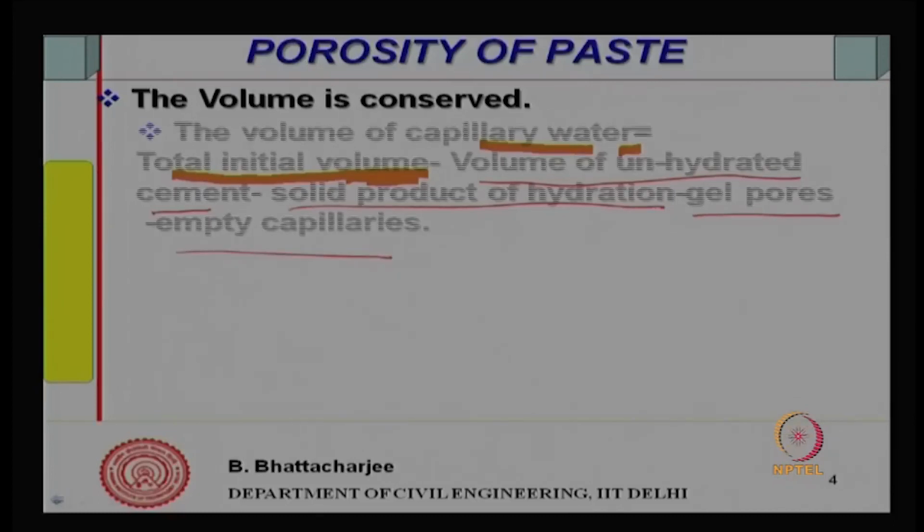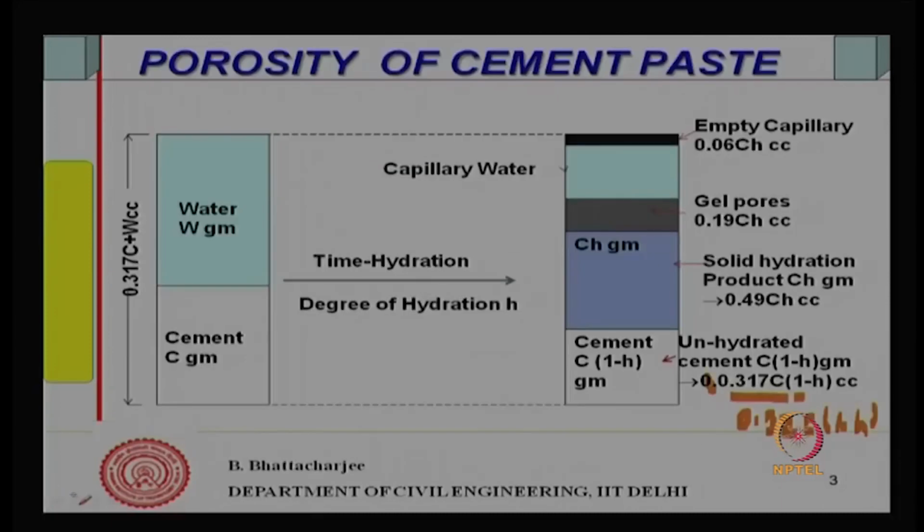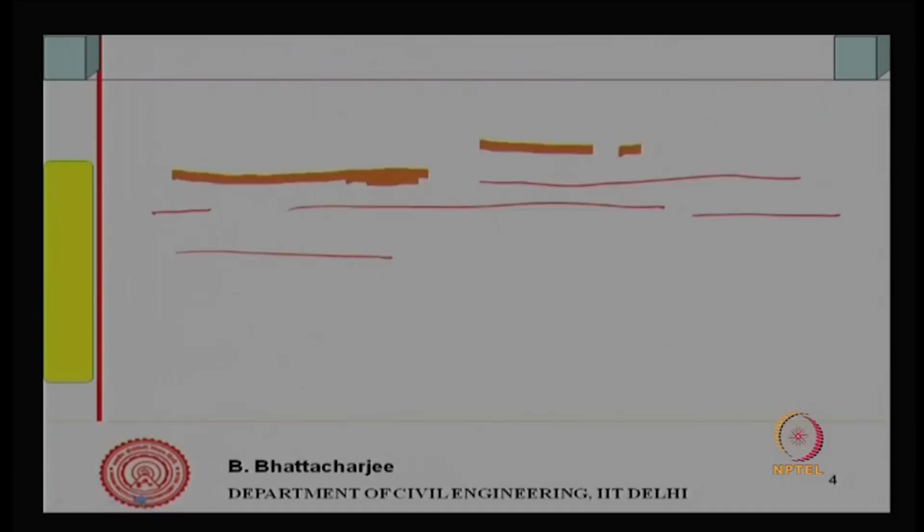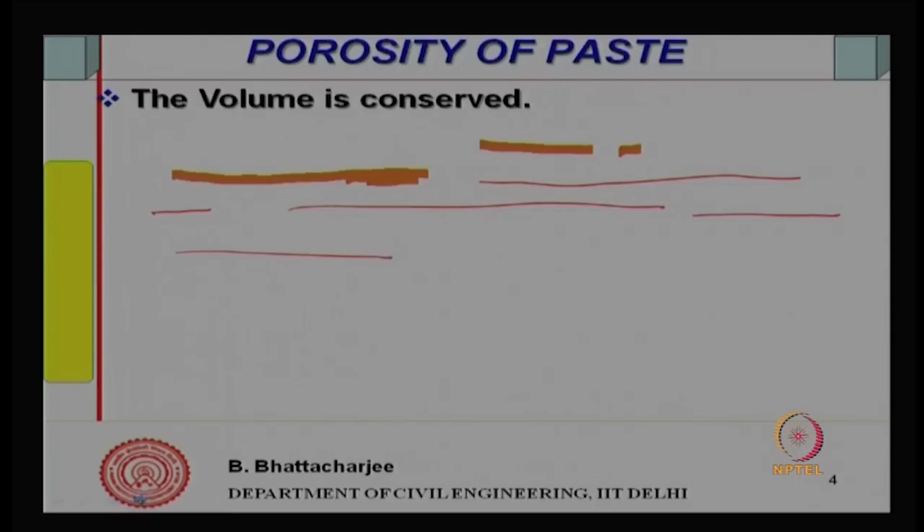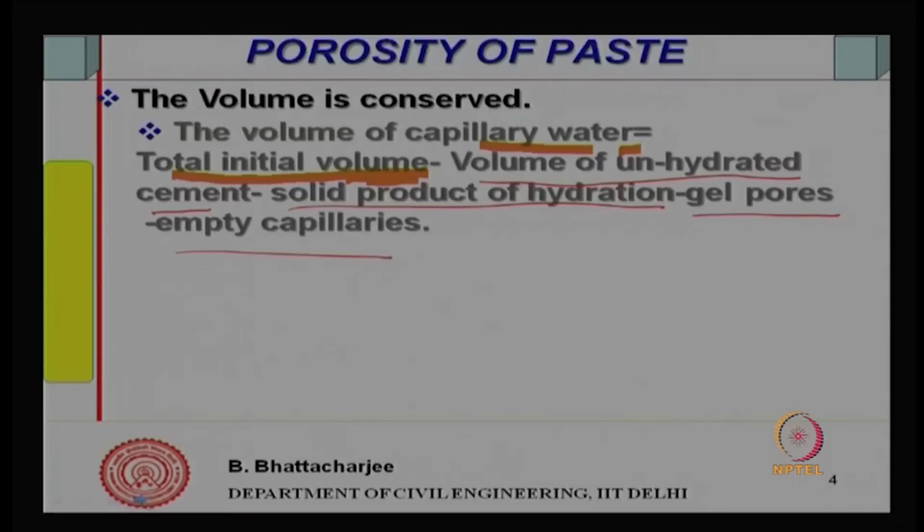So, what we are doing is subtracting from this total volume this and this, so we will get this volume. That is how we can get the volume of empty capillary or capillary water.